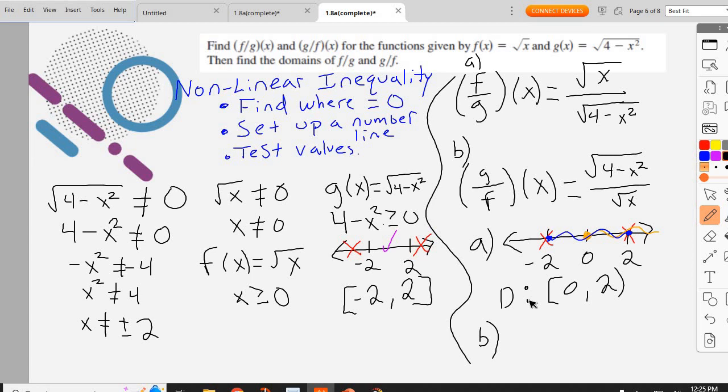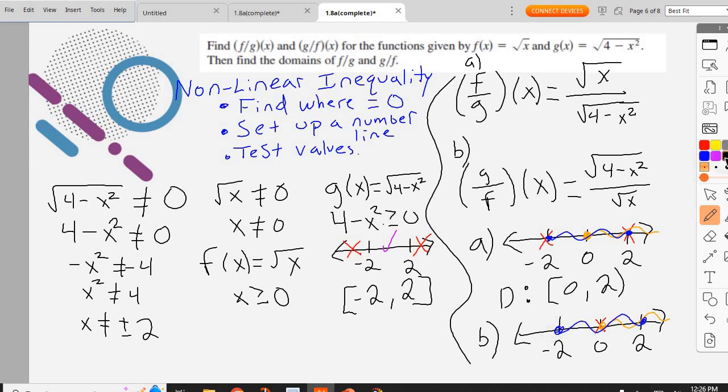So, on our second one, again, I'm going to make my number line. This time, since I have a square root of x in my denominator, what can it not be? 0. So it can't be 0. My orange graph is still the same, and the blue graph is still the same.